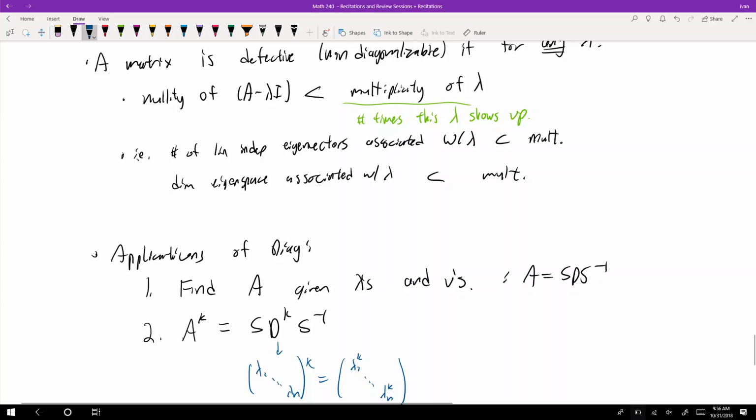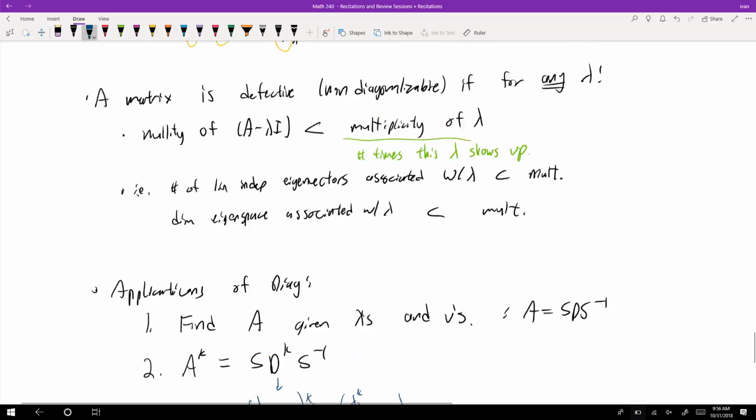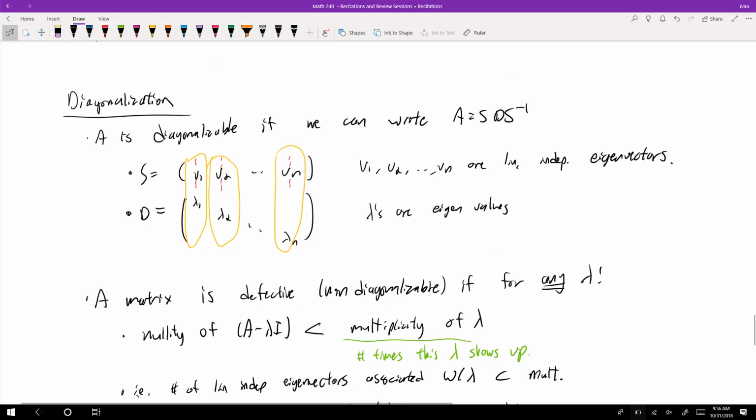So you said that the lambdas and the associated eigenvectors have to be paired. So when you can't do that, then it's defective. Exactly. If you get multiple v's from one lambda, that's fine. You just write the lambda down, so you have lambda equals 3, lambda equals 3. That's fine.